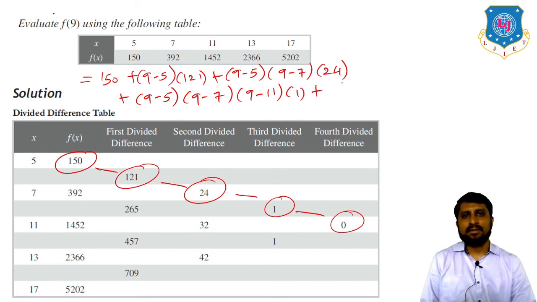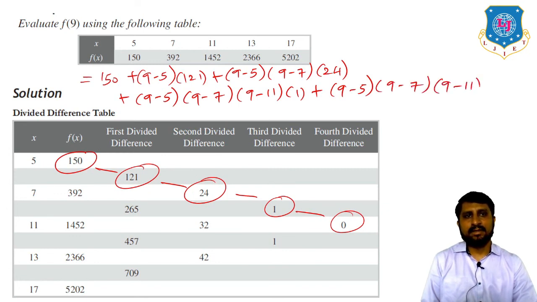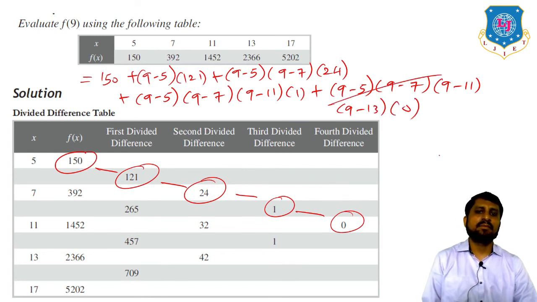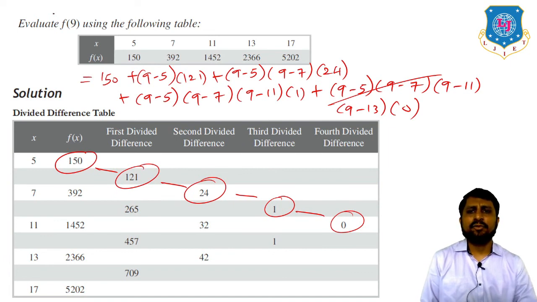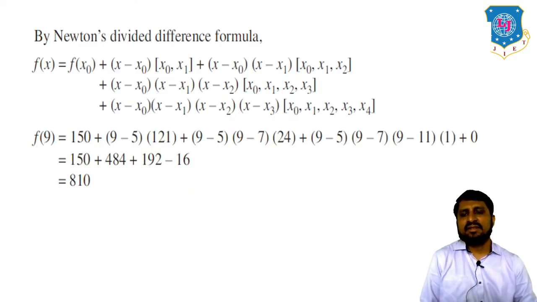And plus 9 minus 5, 9 minus 7, 9 minus 11, 9 minus 13 into 0. So this last term becomes 0. You can easily calculate. This is 9 minus 5, 4 into 121. This is 4 into 2 into 24. Okay, so this is the formula.